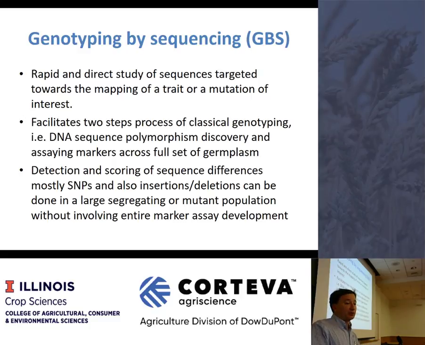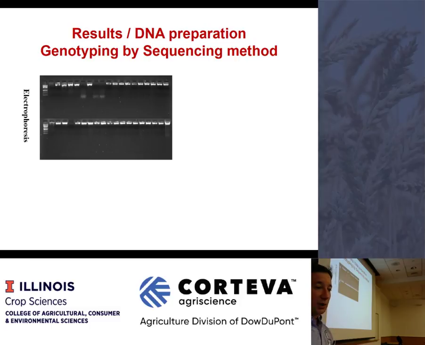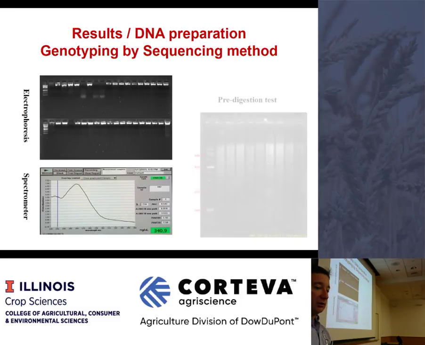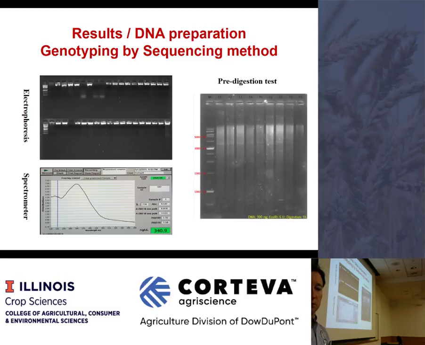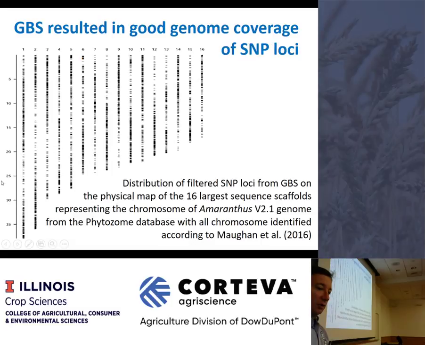So I think that'll be useful for a small crop that can't afford some of the resequencing experiments. But our GBS has always been based on good DNA quality, checked by a UV light evaluation and a pre-digestion test. And that was important for generating a large number of SNP loci.